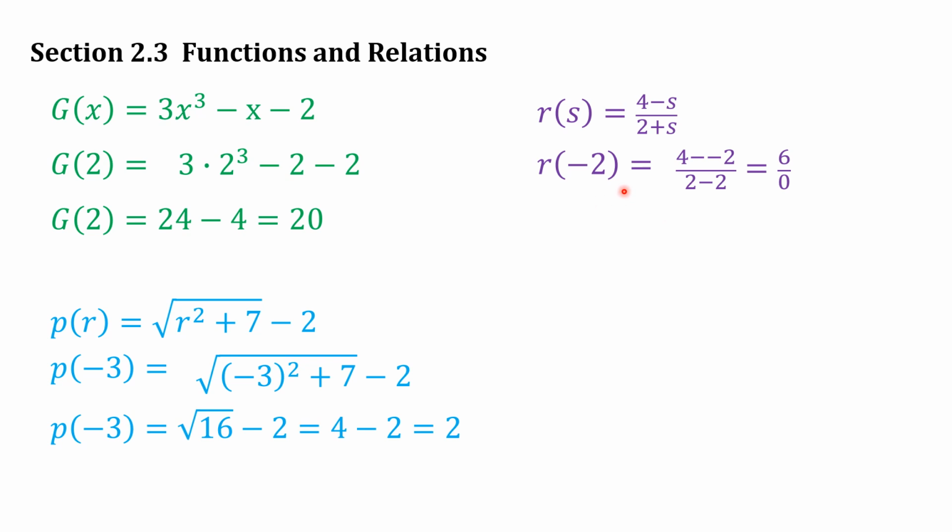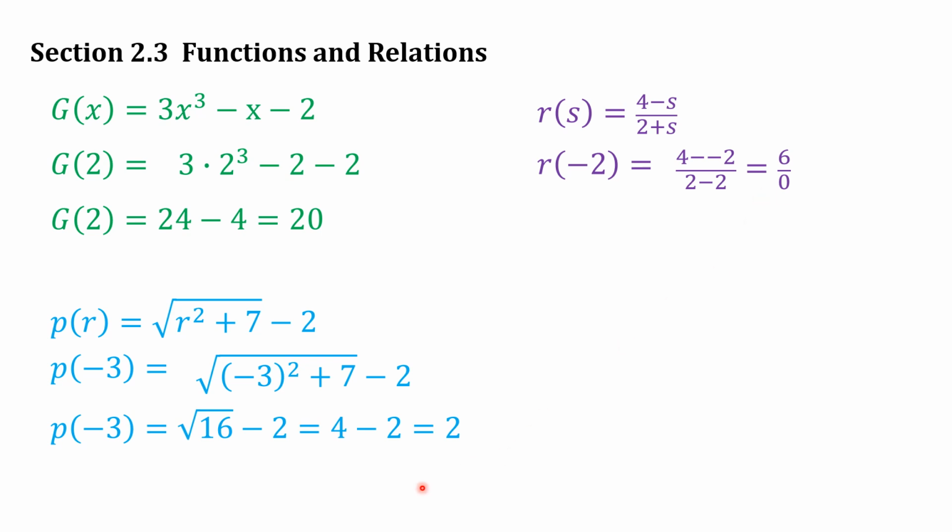And what's happening? Well, we'll take 4, right? Because it tells you, take 4 and subtract whatever the s is. So take 4, subtract, in this case, the s is a negative 2. So negative times negative is positive. So that's a positive 2. So 4 plus 2 is 6. And on the bottom, 2 plus s is 2 plus a negative 2. 2 plus negative 2 is 0. So you get a 0 on the bottom.